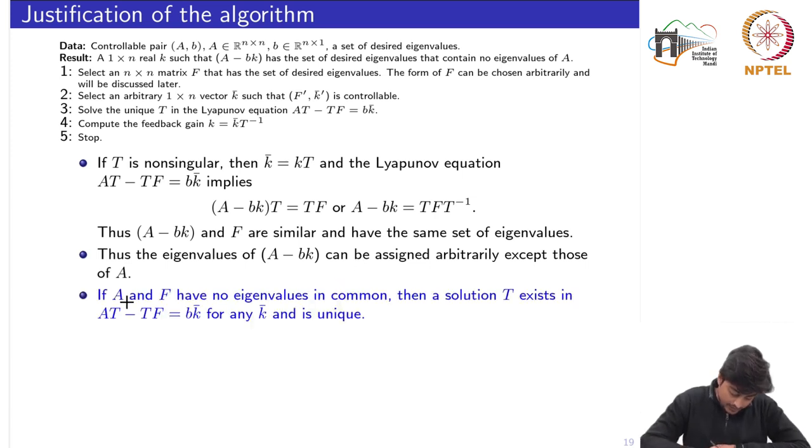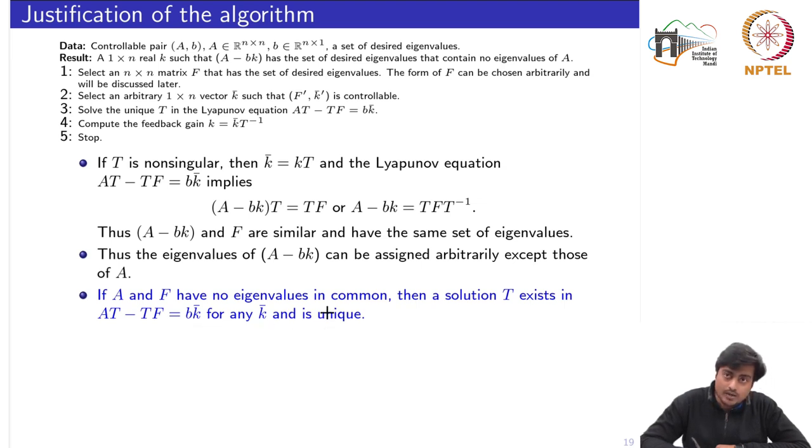Now if A and F have no eigenvalues in common, that is the plant and the closed loop system have no eigenvalues in common, then a solution matrix T exists in this Lyapunov equation for any k bar and would be unique.